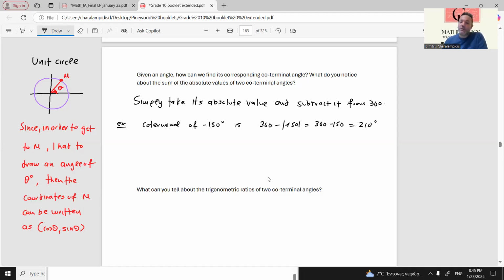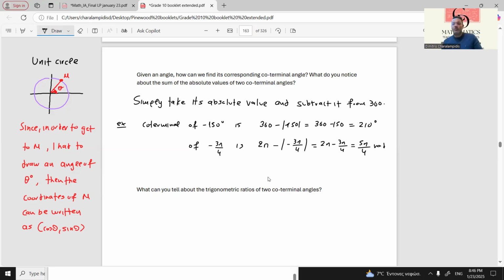If we were working with radians, we would have said that the coterminal of minus 3 pi over 4 is 2 pi. Instead of 360, now I'm working with radians, so the corresponding one is 2 pi minus the absolute value of negative 3 pi over 4, which means 2 pi minus 3 pi over 4, which is 5 pi over 4 radians.